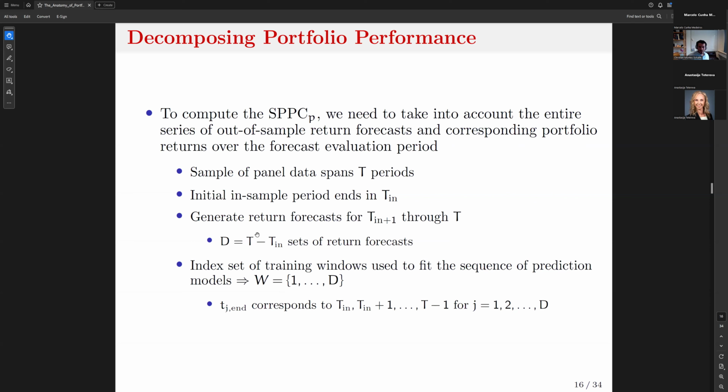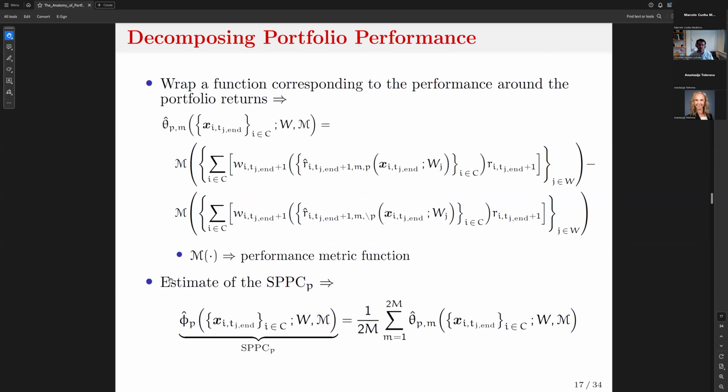In our case, we're using a rolling window because it performs better, but it doesn't really matter; you can do whatever you want. And we index the set of training windows by W, which goes from 1 up until T, the size of the evaluation window.